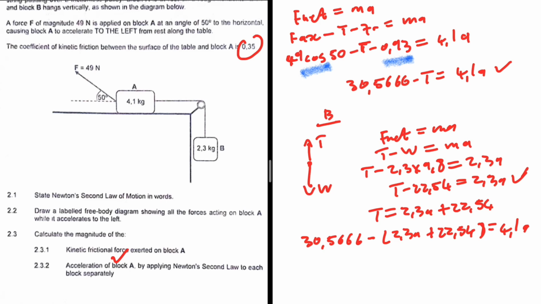So 30.5666 minus 22.54 is 8.0266, and it equals 4.1a plus 2.3a. This is 6.4a. So a equals 8.0266 divided by 6.4, and this equals 1.25 meters per second squared.